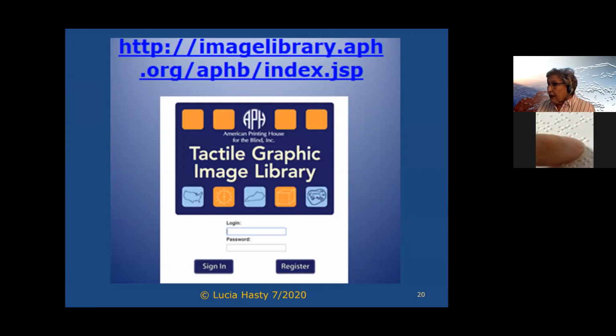Or if you're just going to do it by hand and quickly do a collage kind of thing, the Tactile Graphic Image Library at APH is continuing to add great graphics to it. So that's another place you can go. There are several other libraries you can get things from too.